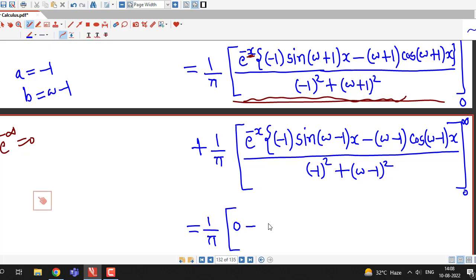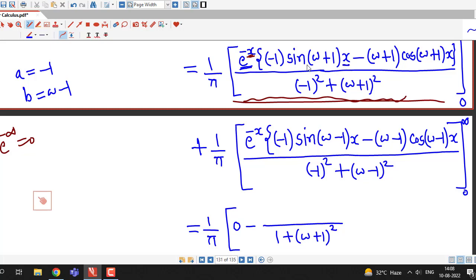Now we check for x equal to 0. Here I can write the denominator as 1 plus (omega plus 1) squared. If I take x equal to 0, e raised to 0 is 1.